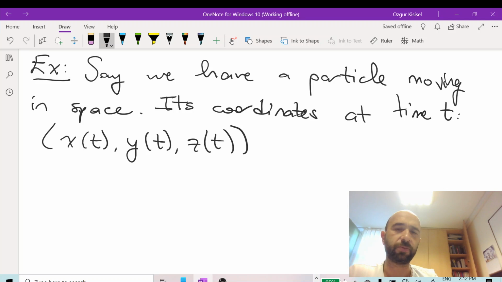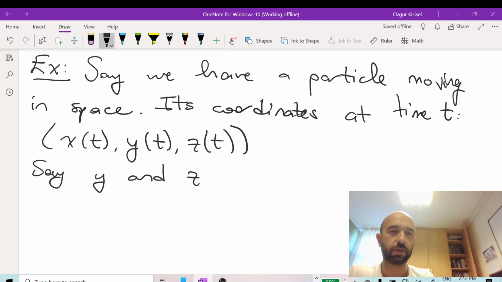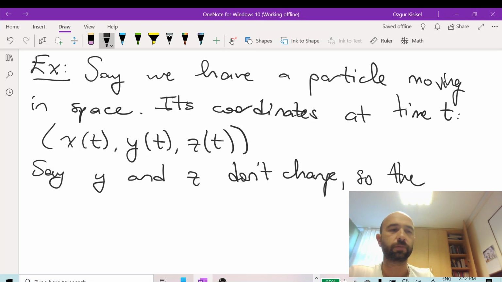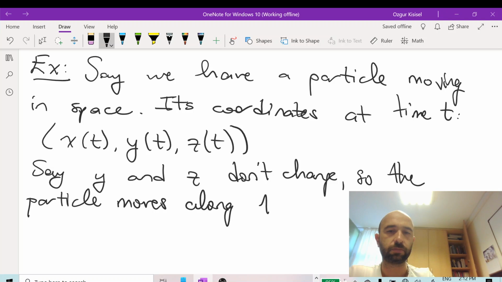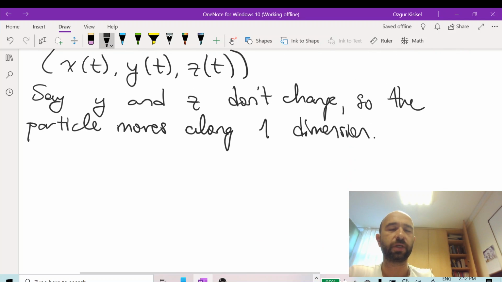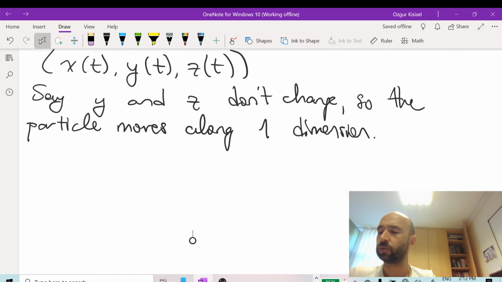Suppose that this particle moves in a way that y and z don't change. So the particle really moves along one dimension. So y and z are constant. We'll not think about them. Only x will change, and we'll just talk about x.